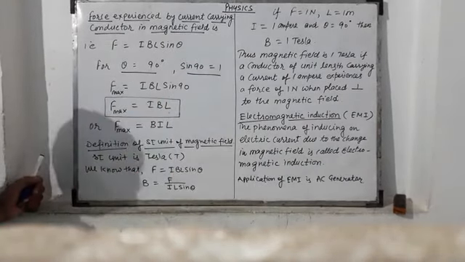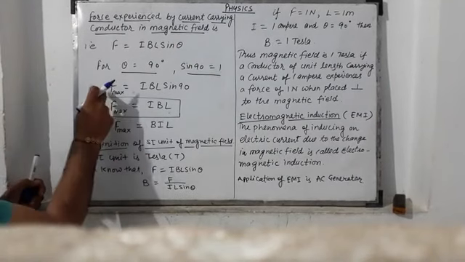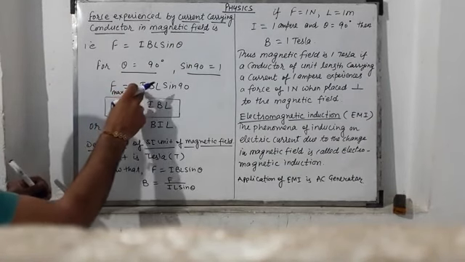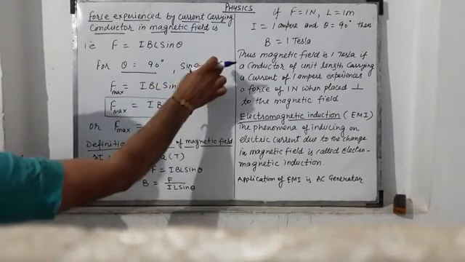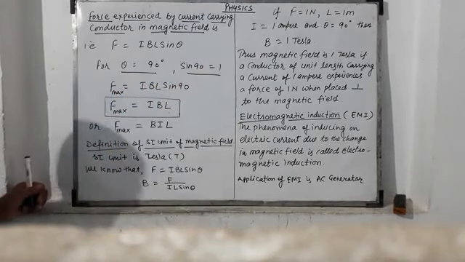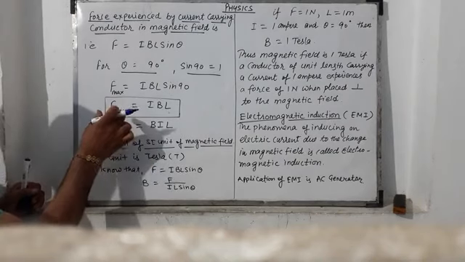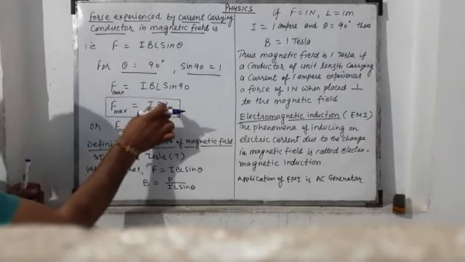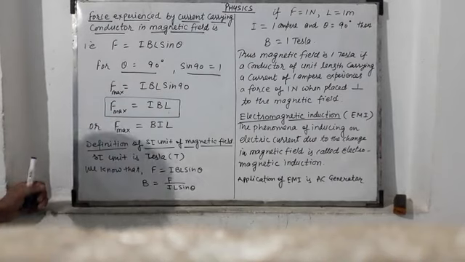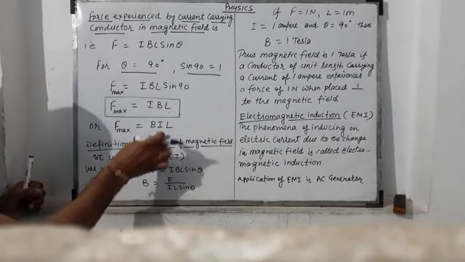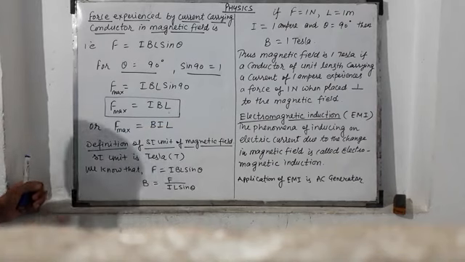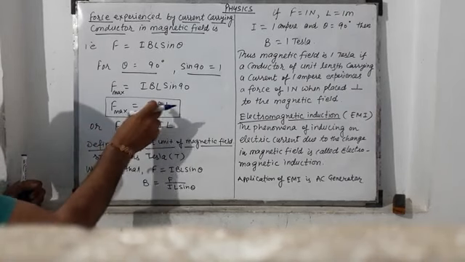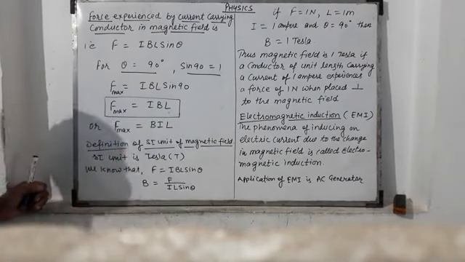If we put this value in, we get the maximum value of F equal to IBL sin 90. Since sin 90 is 1, F maximum is equal to IBL. This can also be written as BIL. So the maximum force is IBL or BIL.